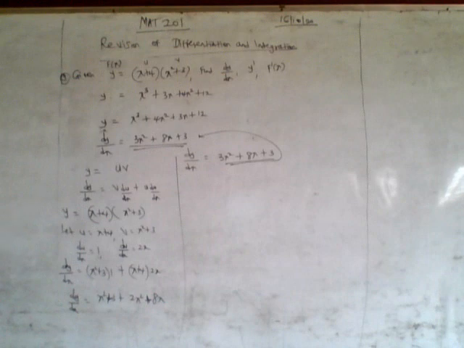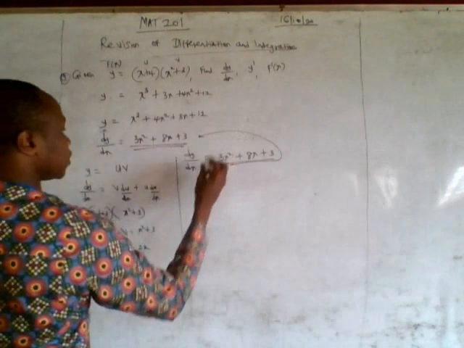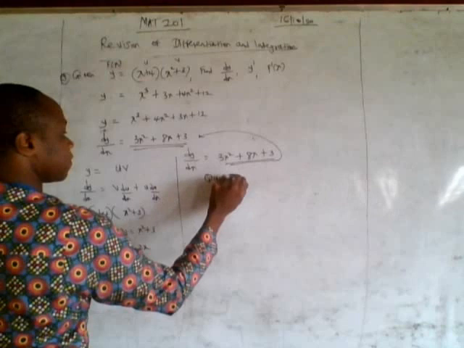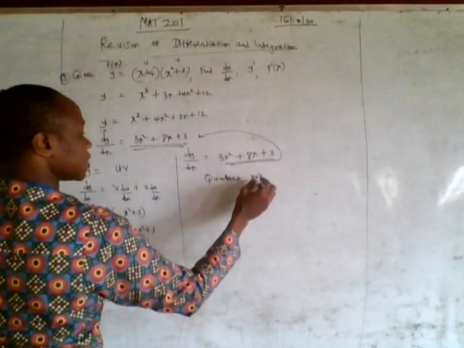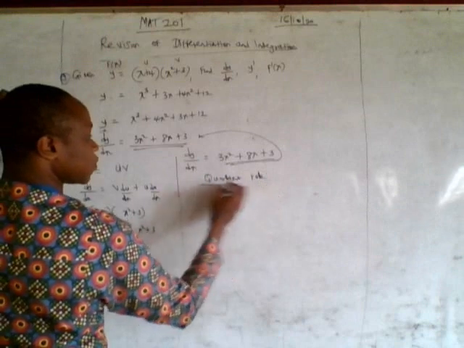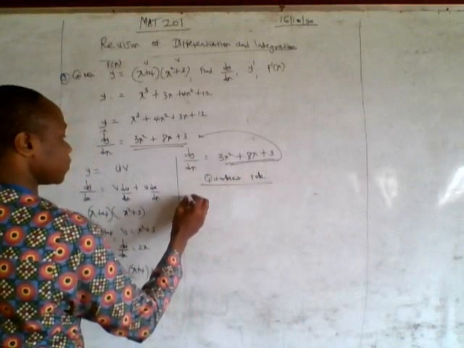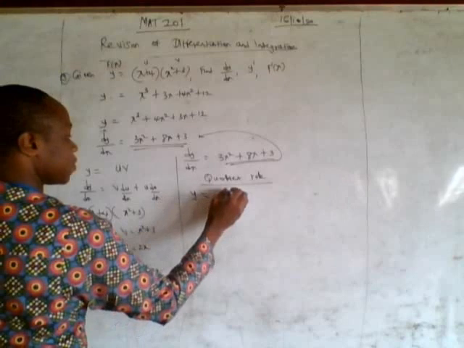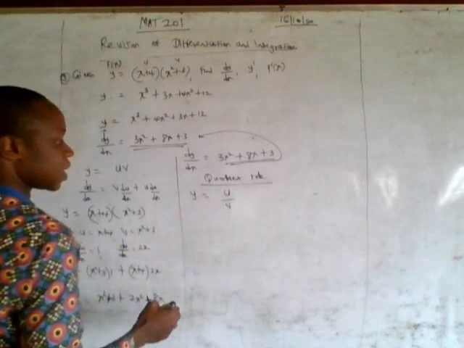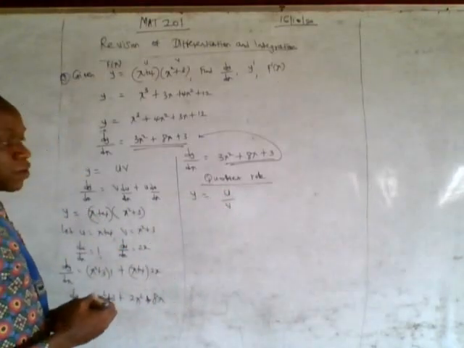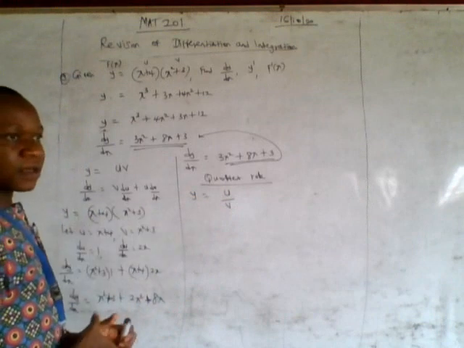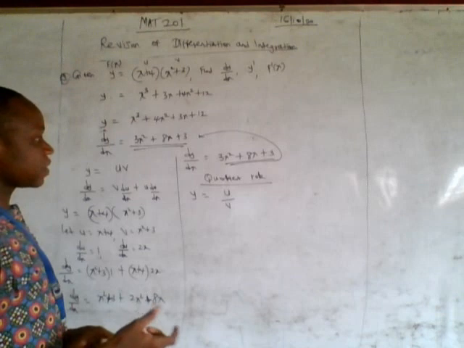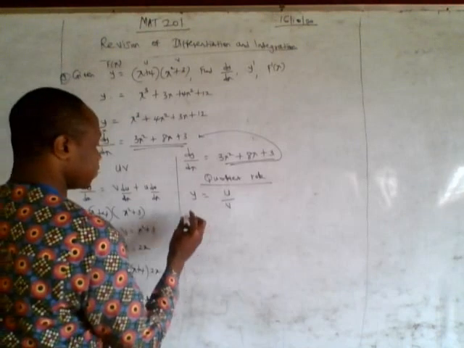So that's the product rule. We also looked at the quotient rule of differentiation. If I have two functions of this form, u over v, I can use the quotient rule or rewrite the function. I'll give an example.